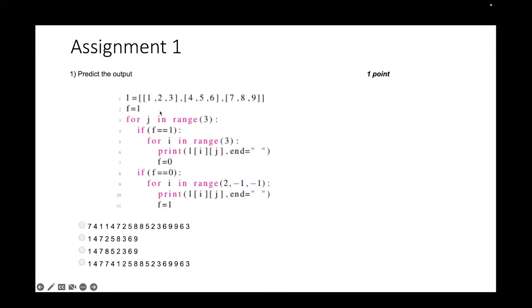It's basically printing the elements present in this list. Based on the condition of the flag variable, what will be the way these numbers will be printed? You have to guess that. Try it out and put your answers in the chat box.